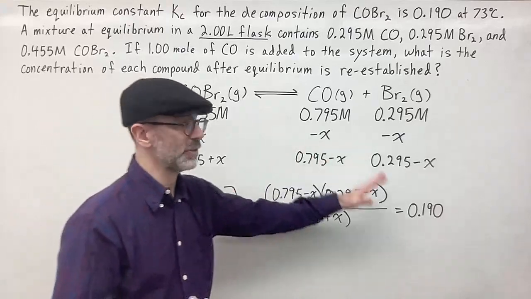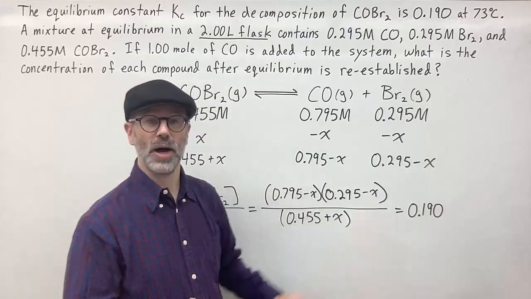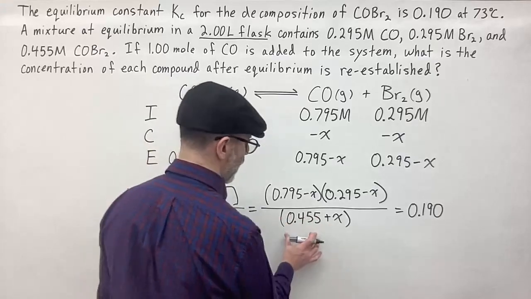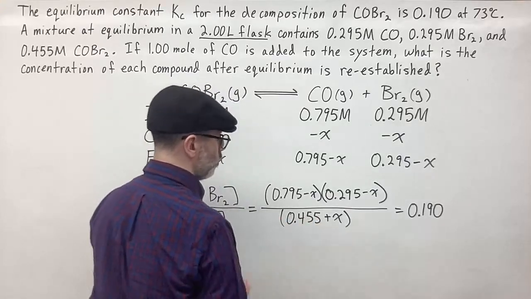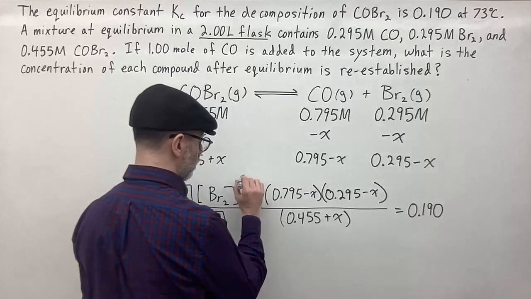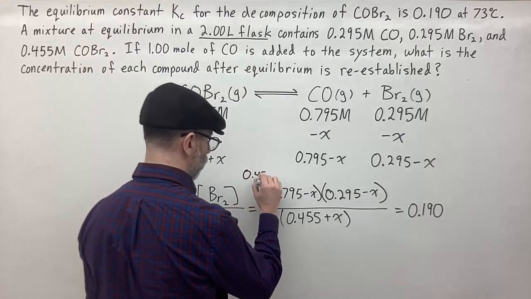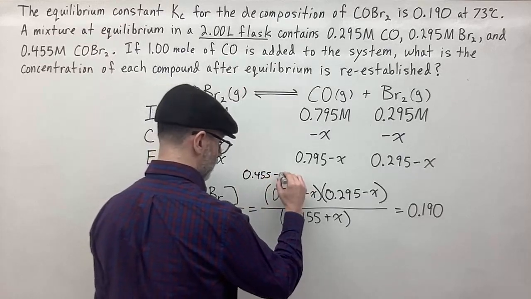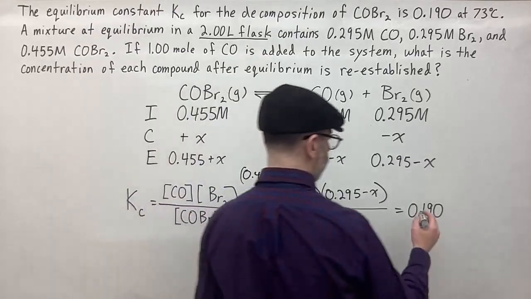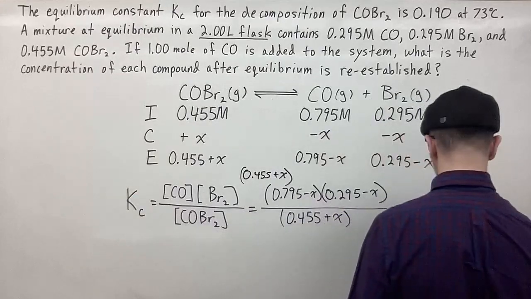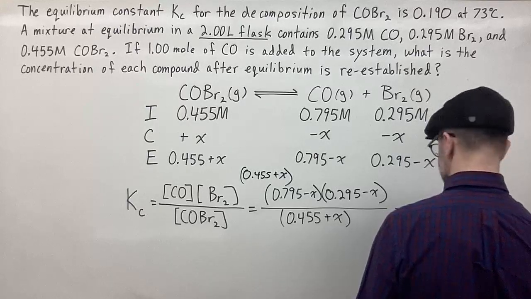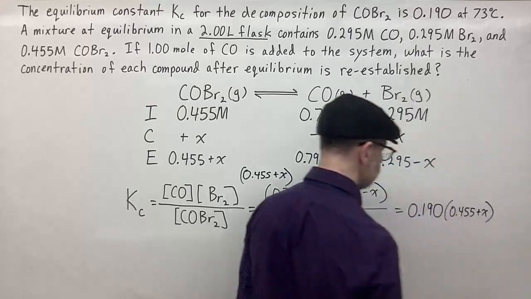So we have to manipulate this and create a quadratic equation from this. So what we're going to have to do is first multiply both sides by this on the bottom, right? So if I multiply on this side here, 0.455 plus x, then I multiply over here too, so this is going to be 0.455 plus x.